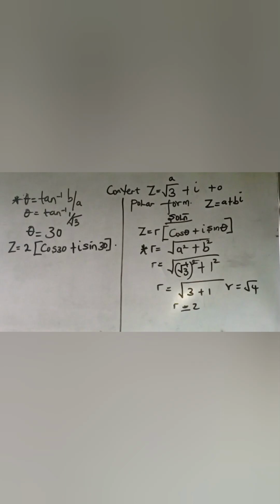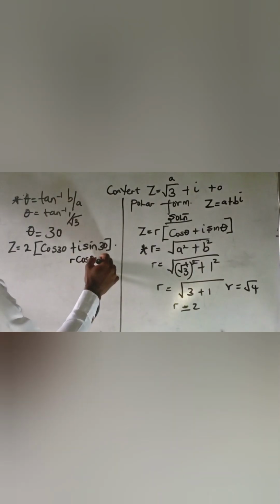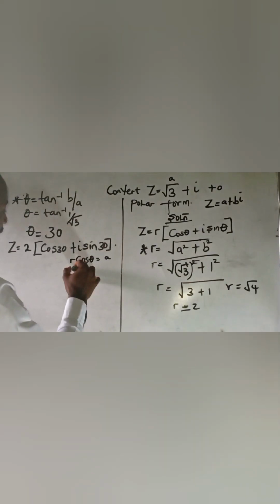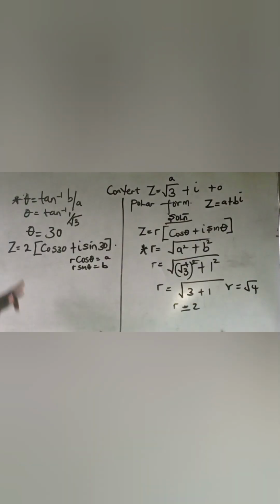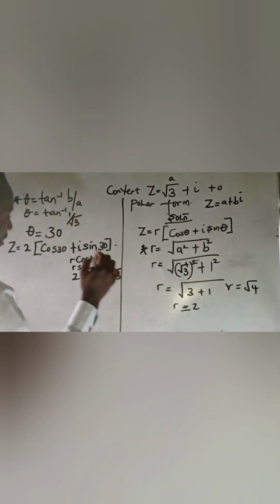Remember what I told you in our last video about how to check whether your answer is correct: r cos theta gives us a, then r sin theta gives us b. So at the end of our solving, 2 cos 30 is equal to square root of 3, then 2 sin 30 will give us 1.